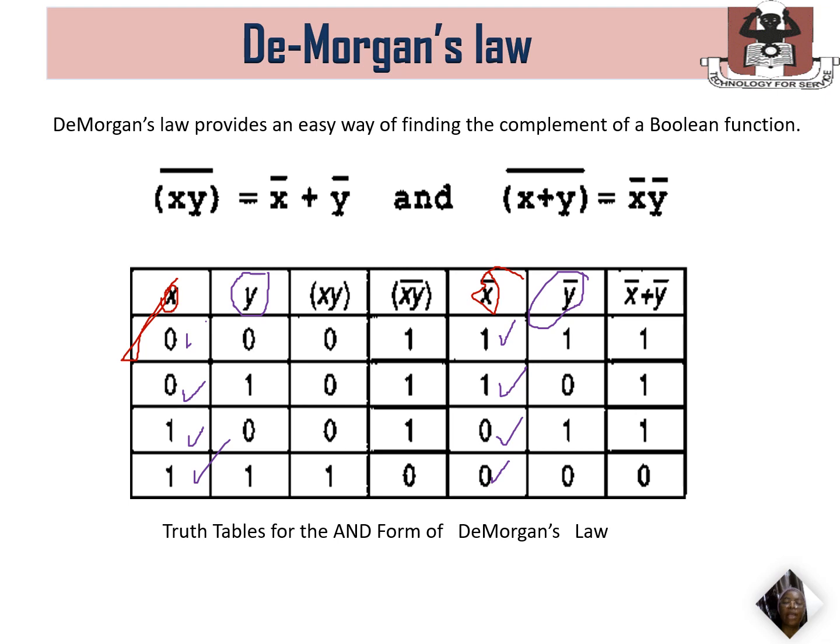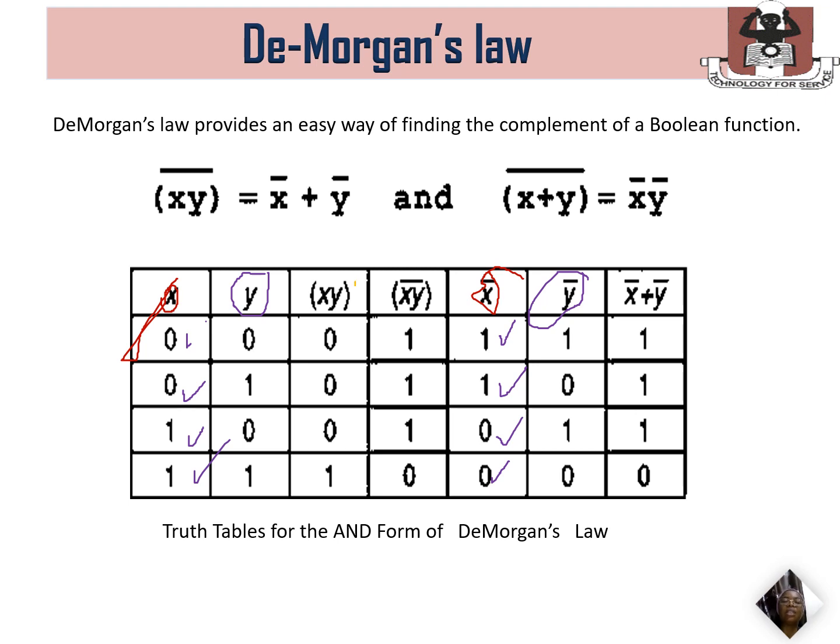So we have that 0 and 0 in AND will give you a 0. 0 and 1 will give you a 0. Then 1 and 0 will give you a 0. 1 and 1 will give you a 1. Then this is also, let me use yellow color to show you.